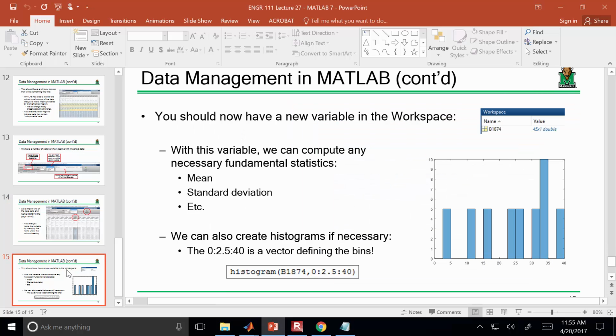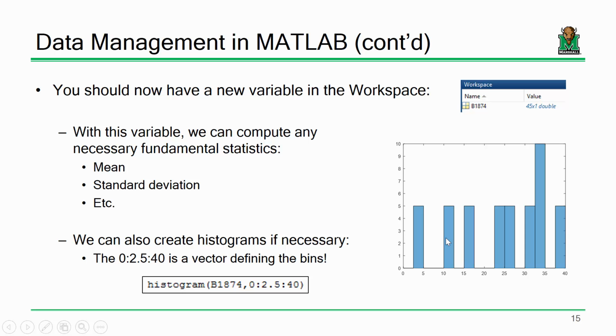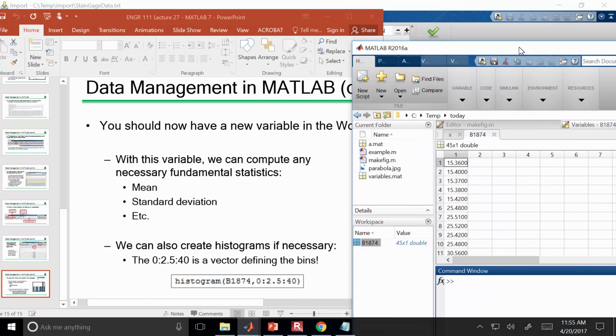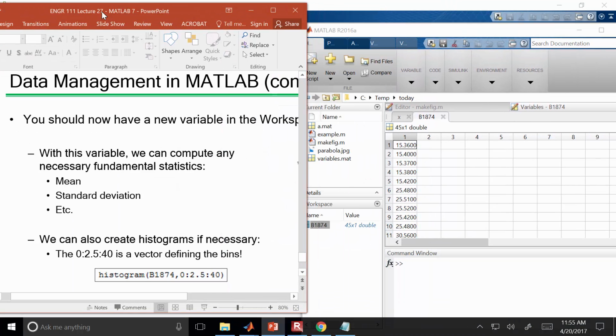All right, so now that that data is in the workspace, you can do with it whatever you like. You can create plots. You can include it into scripts. We could make a histogram. You remember histograms probably from when we were working in Excel.